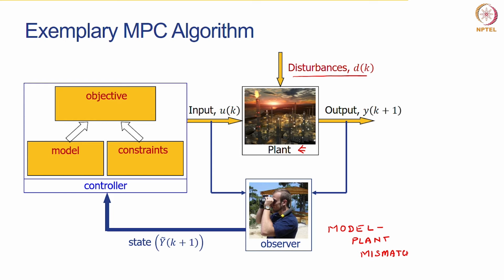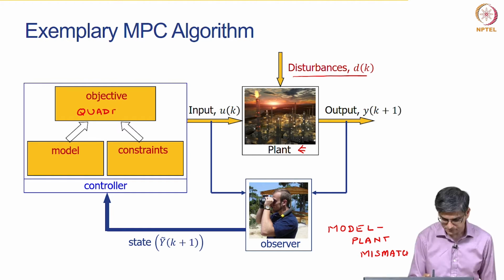You have a quadratic objective function, you have a linear model, and you have constraints of various nature. The objective function is going to be a quadratic one. We talked about that in the previous class.